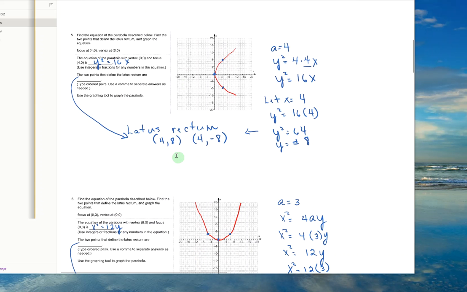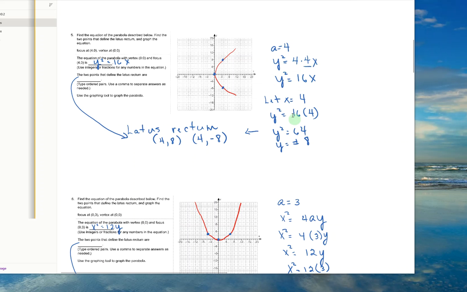Okay. Find the equation of the parabola described below, find the two points that define it, and graph the equation. So the equation of the parabola, focus at (4, 0) and a vertex at (0, 0). So we know that a is 4. We have y squared equals 4ax, so that becomes 16x.